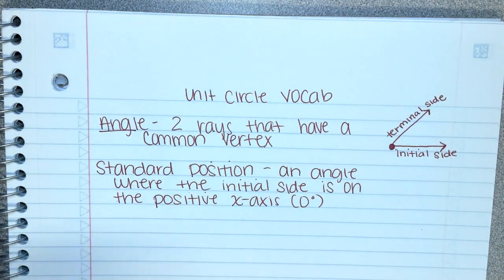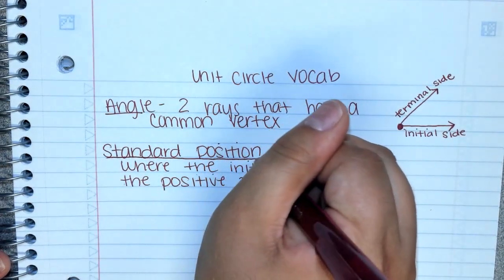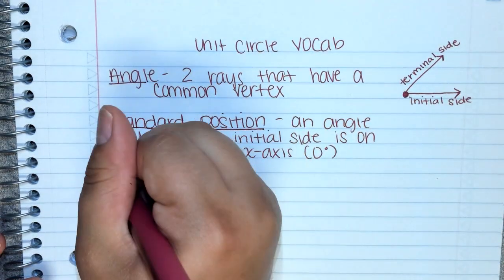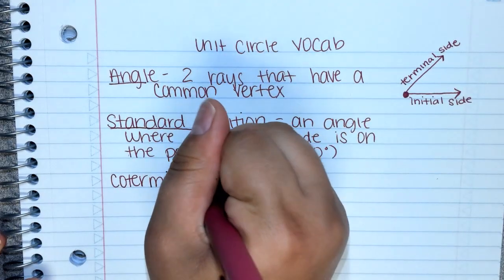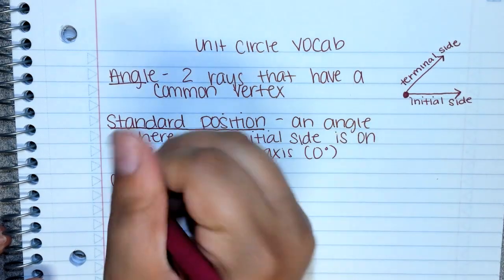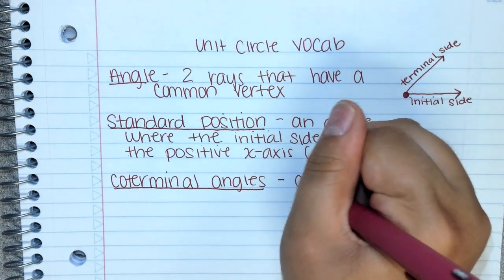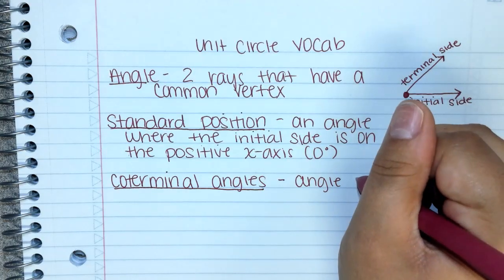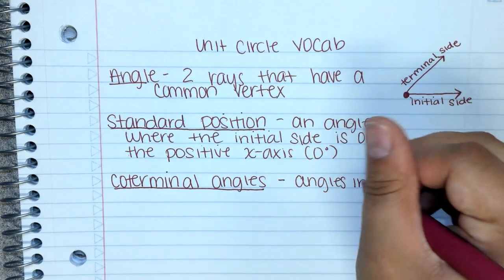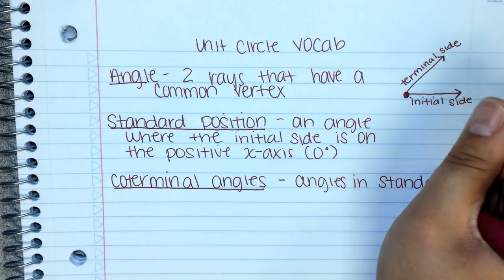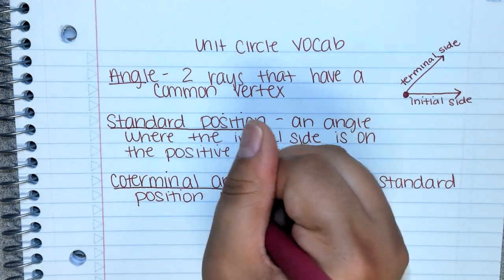And we're going to do some pictures in a second to show some angles in standard position. The last thing that you should have written down yesterday was a coterminal angle. And coterminal angles are angles that are in standard position with the same terminal ray.